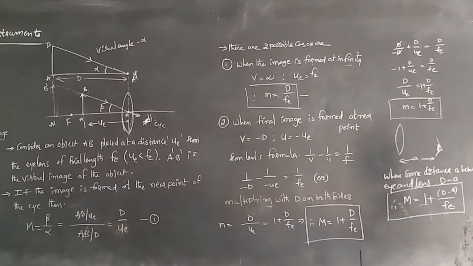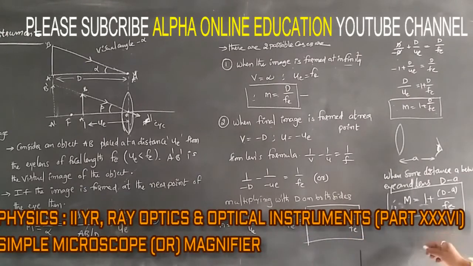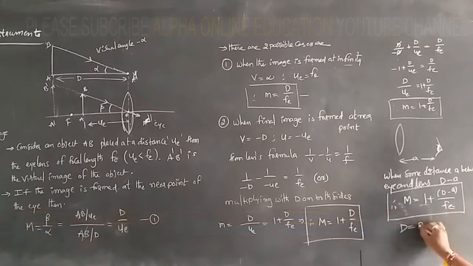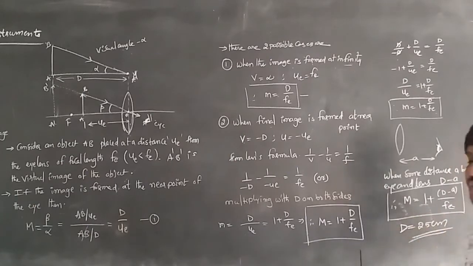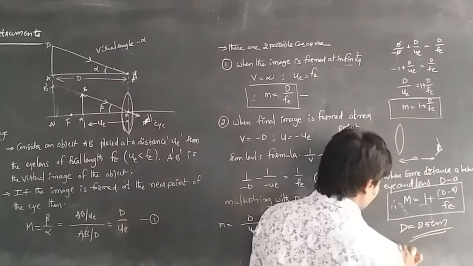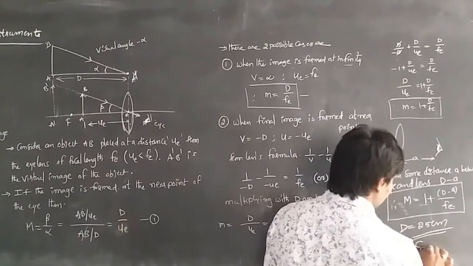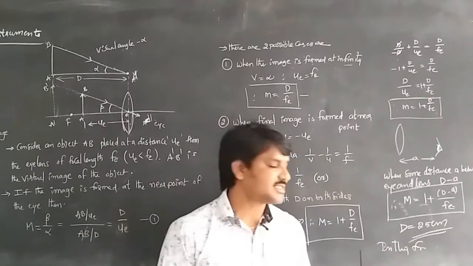Obviously, in the equation M is equal to 1 plus D by FE, put the value for the least distance, D is equal to 25 centimeters, without applying any sign.